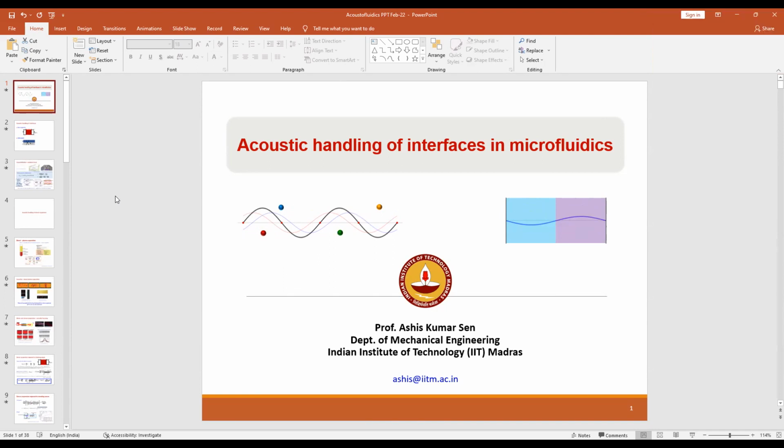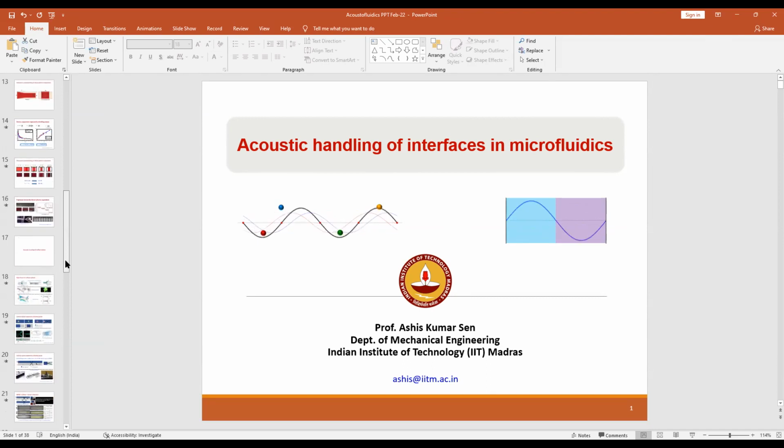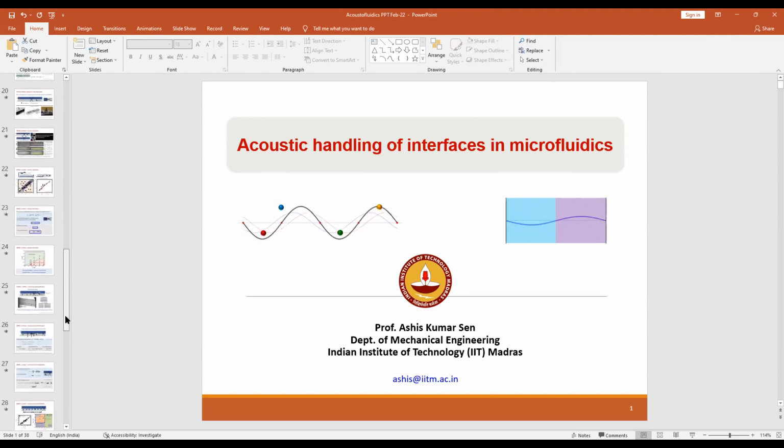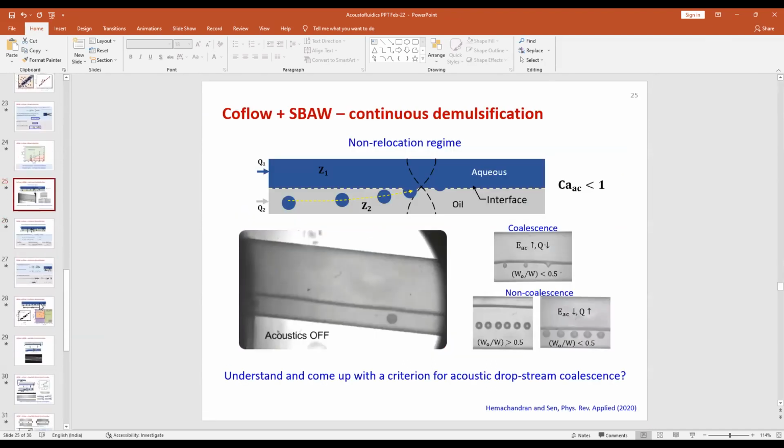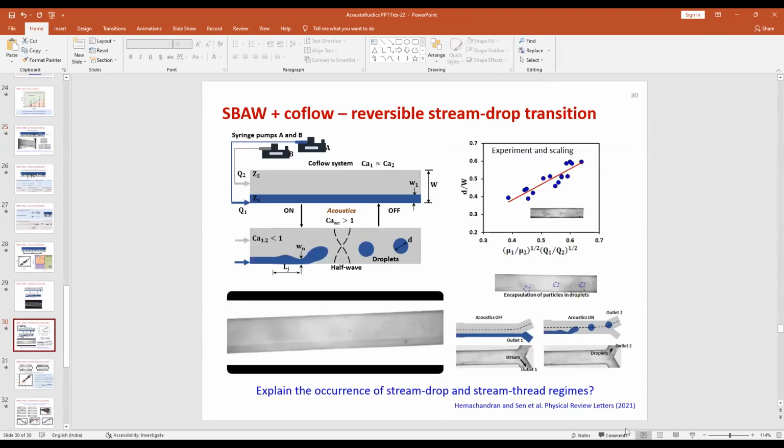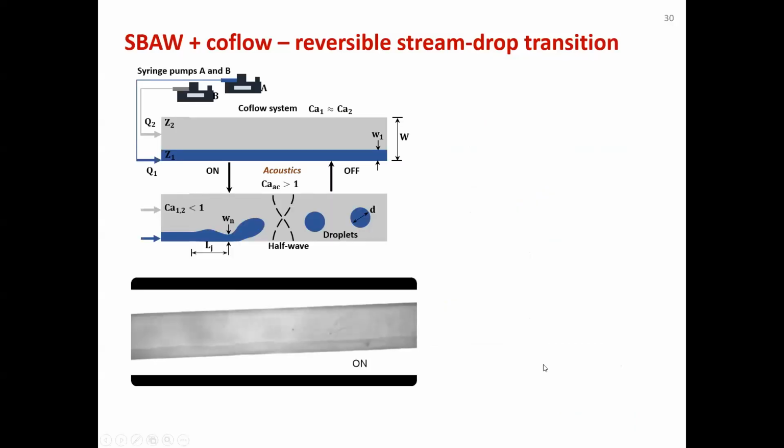Hello, sir. This is a very nice presentation. I have a very small query regarding one of the data where you showed that the stream instability leads to droplet generation. Can you go to the video? I see that all the droplets which are getting generated are uniform in size. I guess it is due to the frequency which is applied.